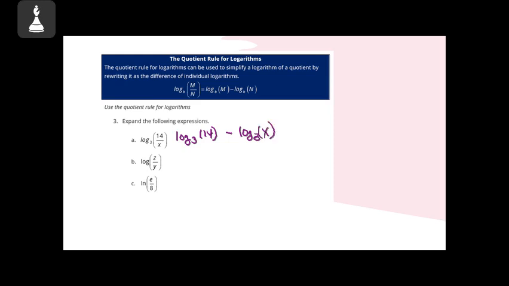The numerator is always going to be the positive piece. Whatever's in the denominator is going to have the minus sign in front of it. So minus log base 3 of x. Next one, log of z over y is going to be log of z minus log of y.